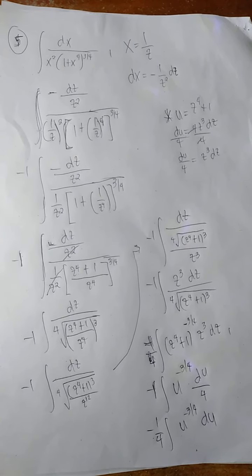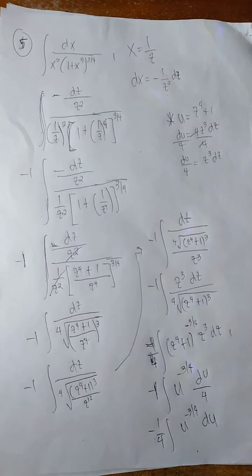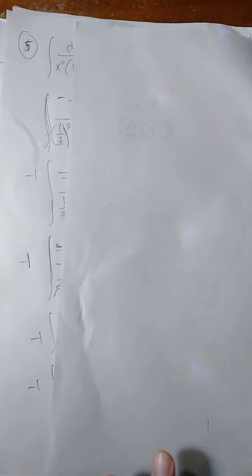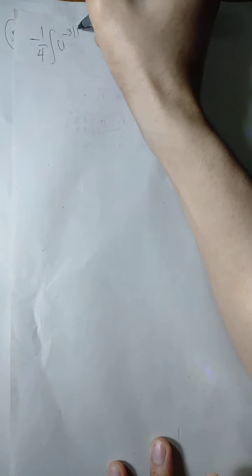So, bitin na. Kuha tayo ng bagong papel. I-write natin ulit. Ayan. So we end up with expression negative 1 over 4 integral of u to negative 3/4 du. So of course, power formula na lang to. So negative 1/4.